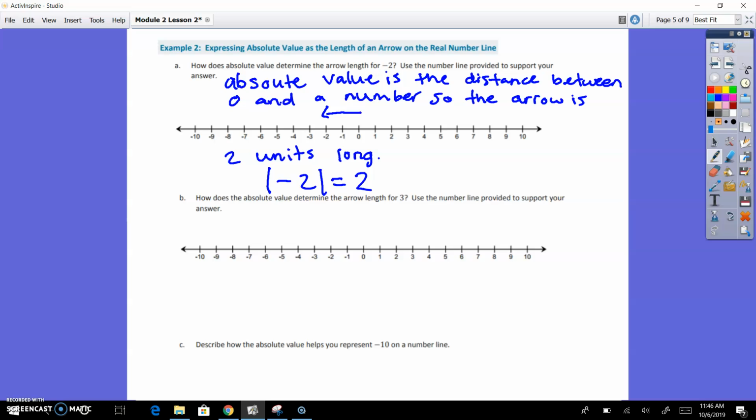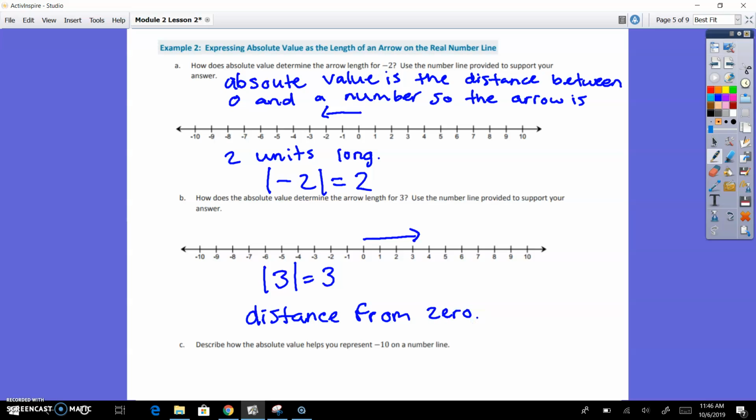How does the absolute value determine the length for 3? So again, it is 3 units to the right. So the absolute value of 3 is equal to 3. It's the distance from 0.